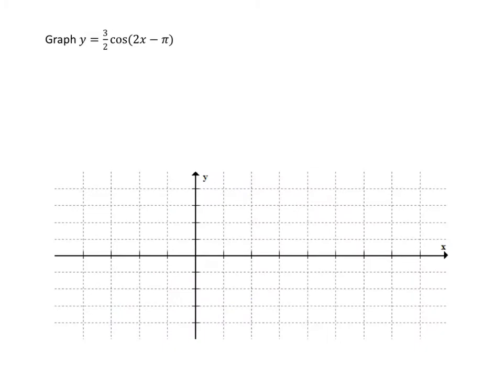We have to do a little bit of work to the next one before we can actually graph this particular function. What I want you to notice is that there's a period change here, but we can't have this 2 inside of the parentheses. So the very first thing we need to do is rewrite this equation.